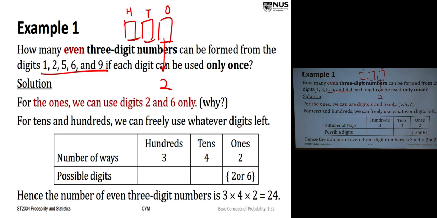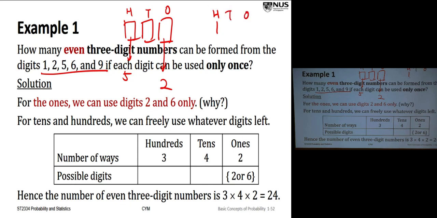Why do I have to do that? Now, if you don't fill up the ones place first, think of it, start from the hundreds, 3-digit numbers. I can fill in any one of these 5 digits, 1, 2, 5, 6, 9. So it's 5 choices. But once you fill that, say a 1 in the hundreds place, then I can fill up the tens and then the ones.